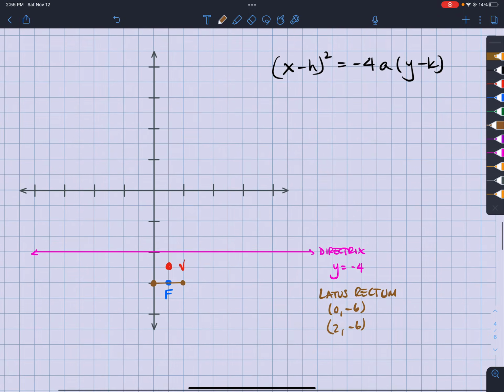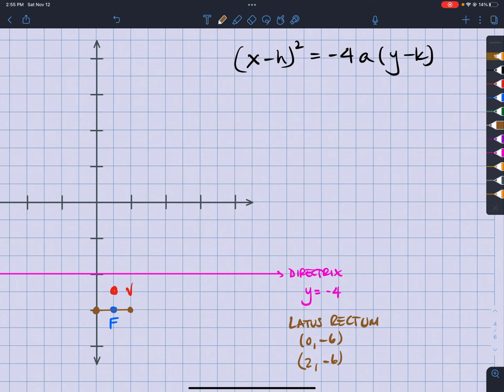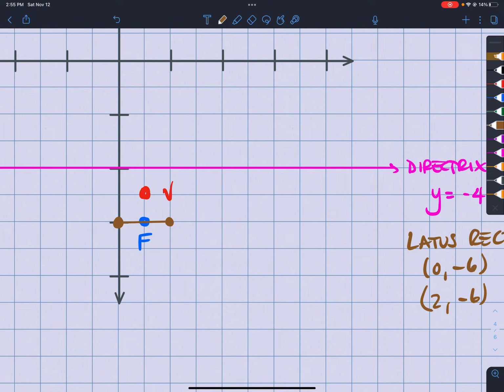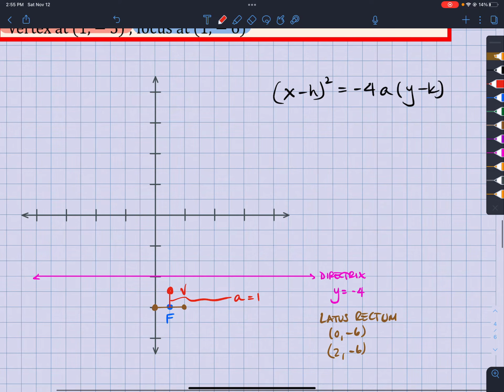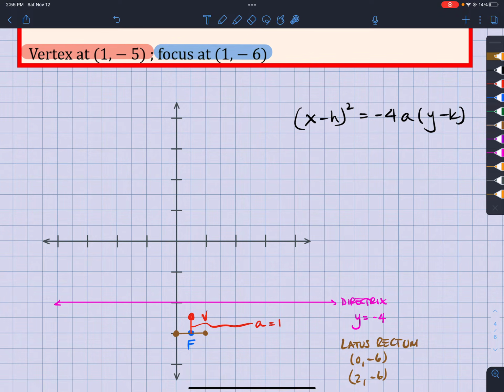Now I need to find the equation, right? So how about if I do it this way? I know that this distance right here has to be a, which is equal to 1. So that means I can use that right here. My vertex is at 1, -5.